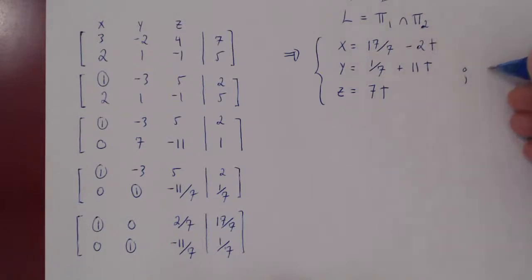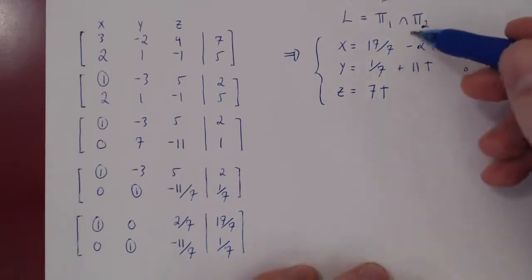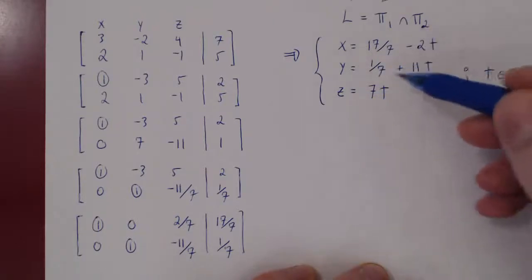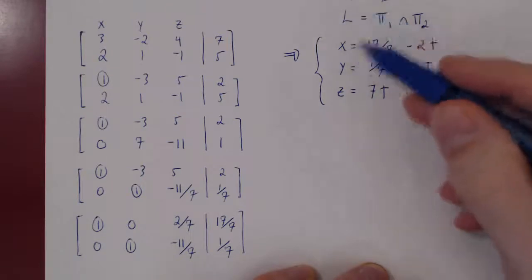And t is a free variable, so it ranges over all real numbers. And now we have the so-called parametric equations of the line. Given any t, plug in for x, y, z, and you have a point on this line.